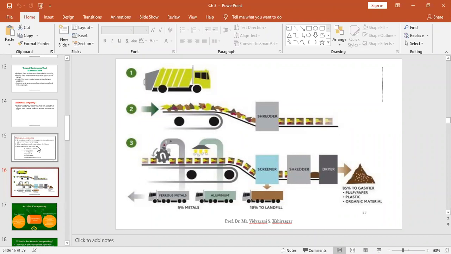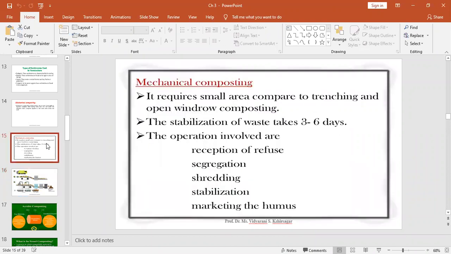Okay, understood mechanical composting? So write down about mechanical composting. Note down these few lines in your notebook please.